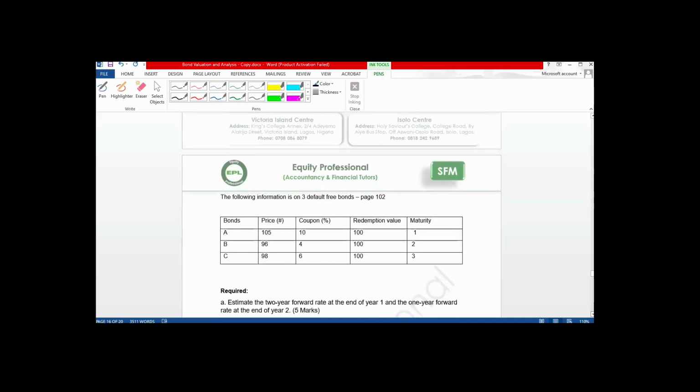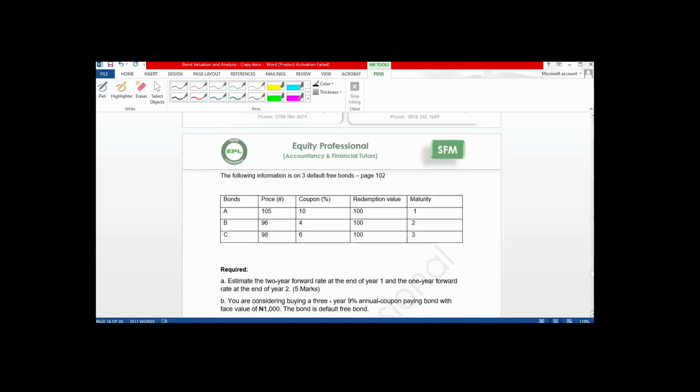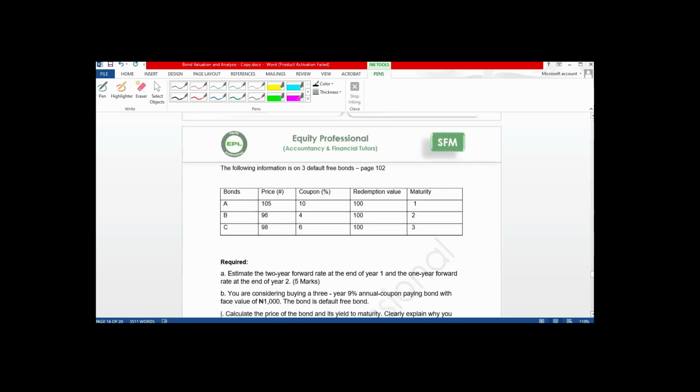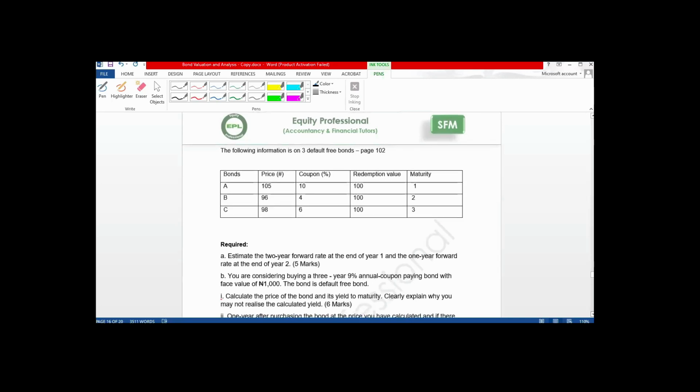Redemption value 100, 100, 100, and then maturity 1 for A, 2 for B, then 3 for C. Required: estimate the 2-year forward rate at the end of year 1 and the 1-year forward rate at the end of year 2. All right, thank you, sir.